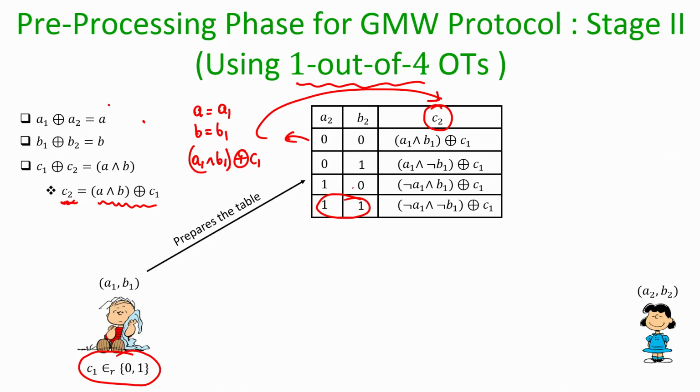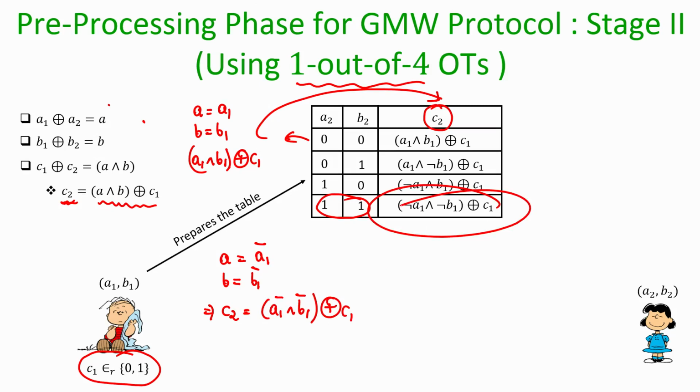If the other shares of A and B are 1 and 1 respectively, that means A is same as A1 complement, because 1 XORed with A1 is nothing but A1 complement, and in the same way B is same as B1 complement. And if that is the case, then C2 is nothing but the AND of A1 complement and B1 complement XORed with C1, and that is the fourth row.